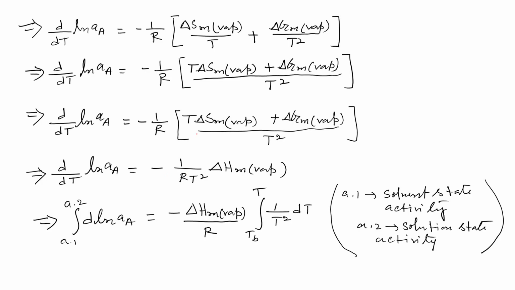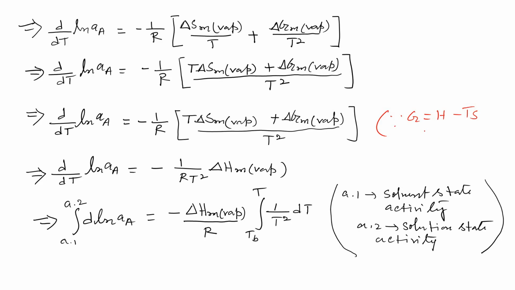Okay. Now look at here. Here I have written delta Hm. We know that G is equal to H minus TS. So what can we write?